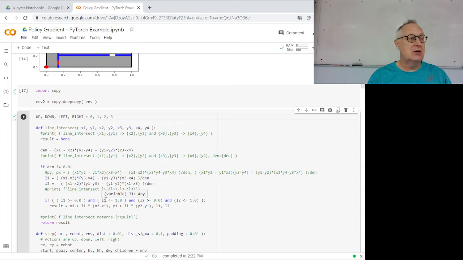So we need to check what actions our agent can execute. Similar to the grid world, we support up, down, left, and right motions.